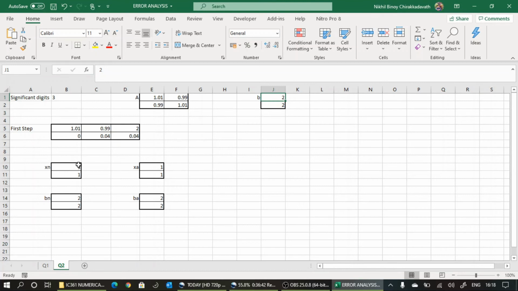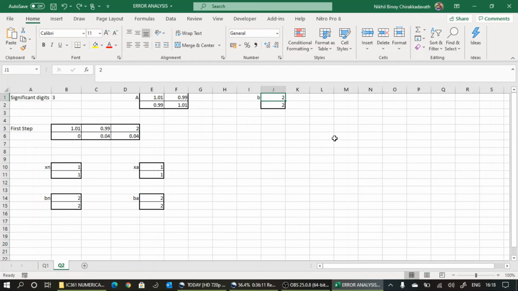The numerical solution is 1 1, BN is 2 2. Okay, so a slight change I am going to make: 2.01 and this is 1.99. What is happening? A large change in xn, right? Earlier b is 2 2, and for this matrix with b as 2 2, the x value is 1 1.